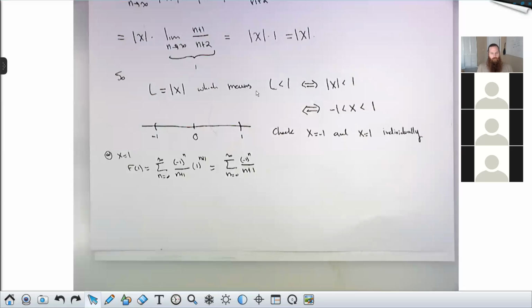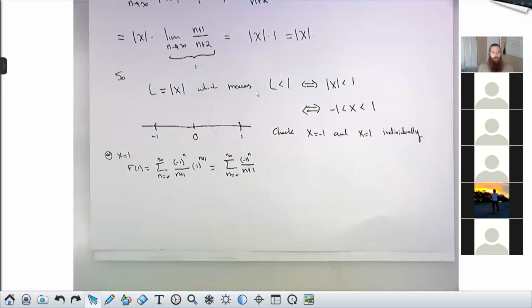Diverge. Okay. Why do we think this series diverges? If it's just a guess, that's okay too. Nathaniel, why do you think this series converges?